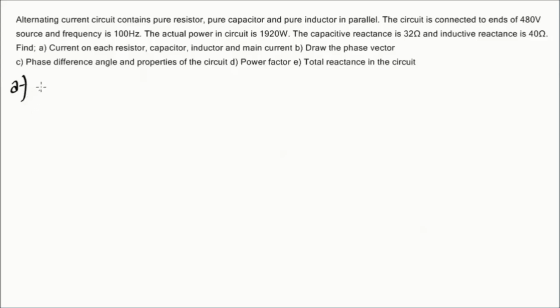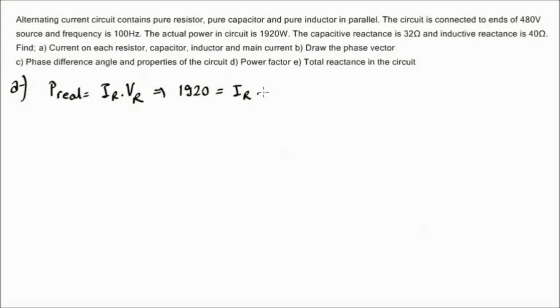P real is given. P real equals IR times VR, so 1920 equals IR times VR.